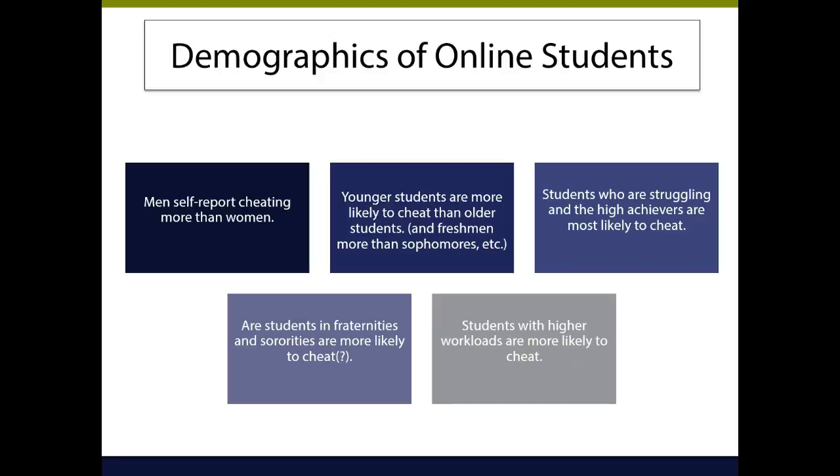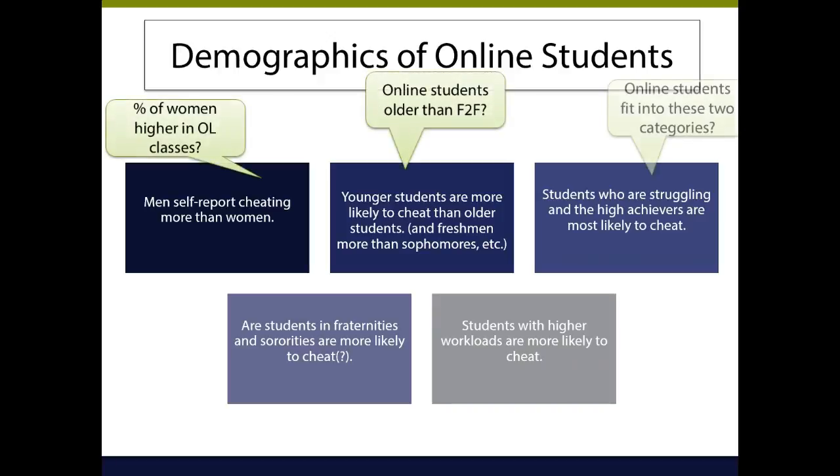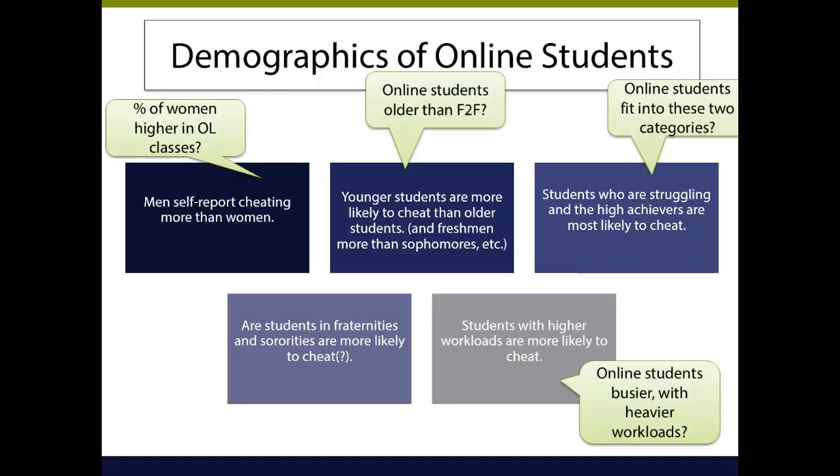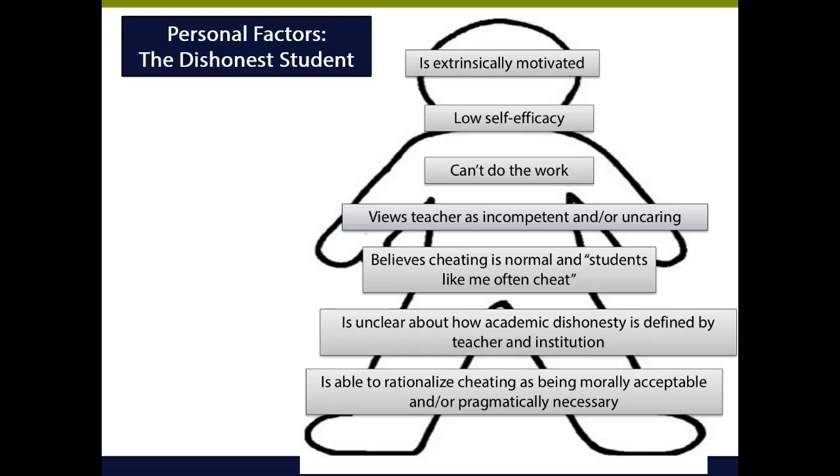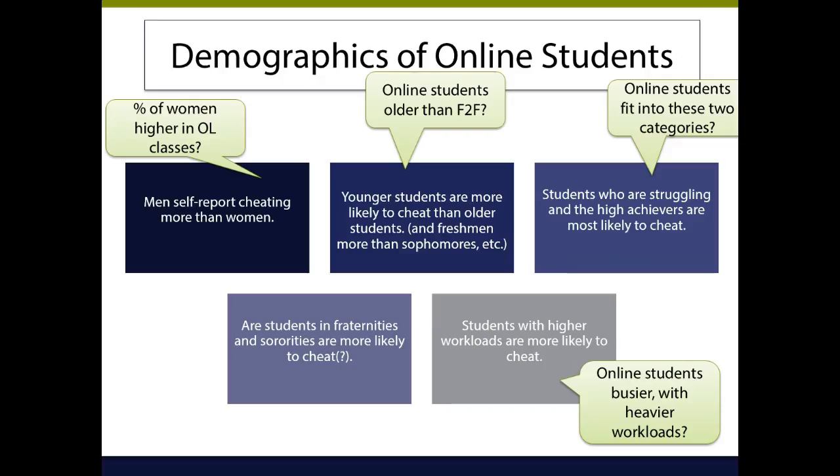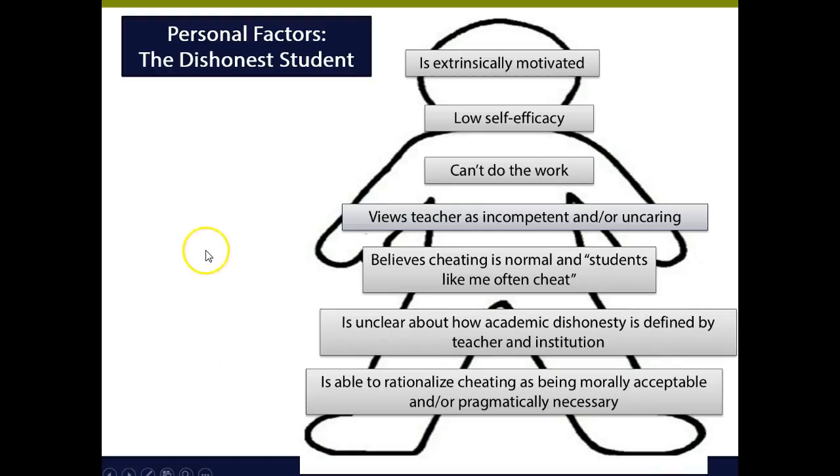They're also maybe likely to have higher workloads. So again, there may be some demographic factors that would lead online students to be more likely to cheat, but I just don't know what we can really do with this stuff because demographics really don't tell us anything about individual students. So I'm certainly not suggesting we stereotype students.